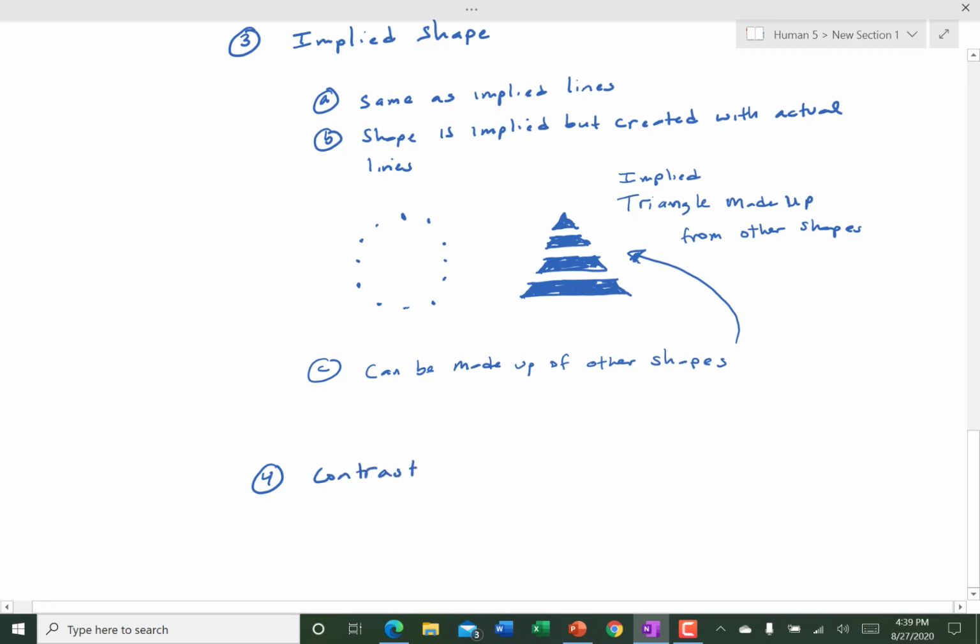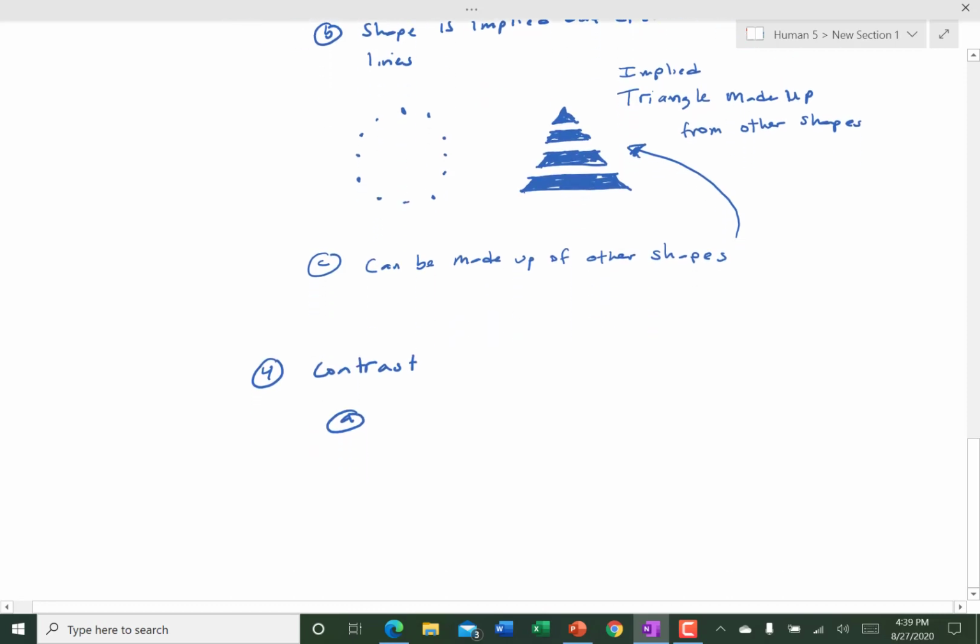So contrast is when an artist uses two clearly different styles of element or types of elements to essentially highlight one or both.